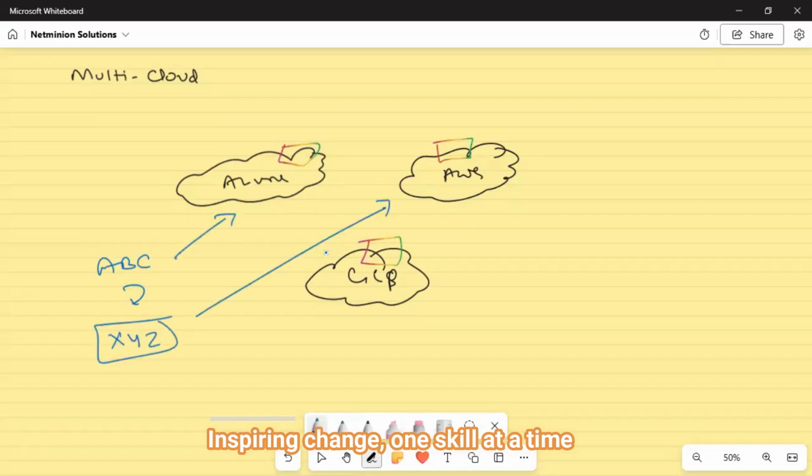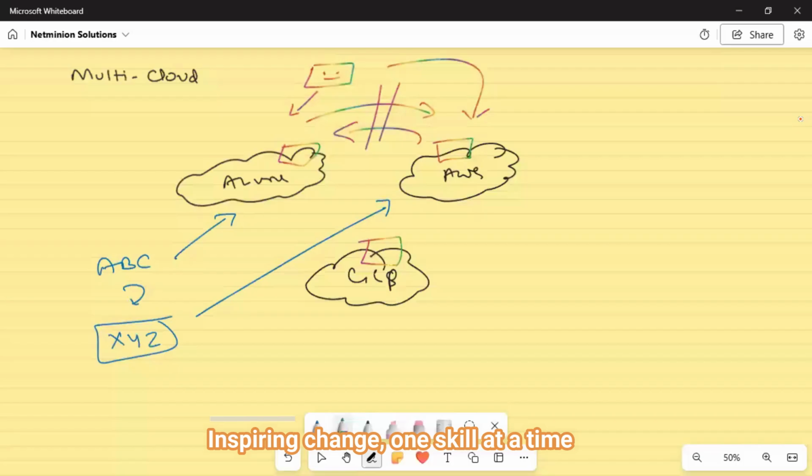ABC is a die-hard fan of Azure. Now, when you are acquiring that, it means you need to interact with all their resources, and their resources are on AWS. So now you should have somebody who is taking care of both AWS and Azure. Are you getting my point? There can be multiple use cases, but I just described one of them.